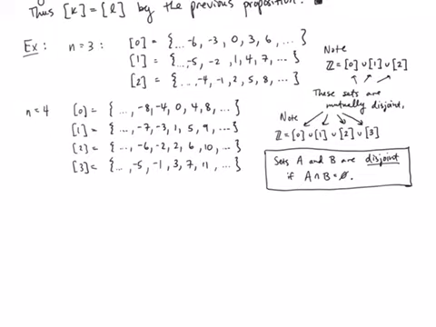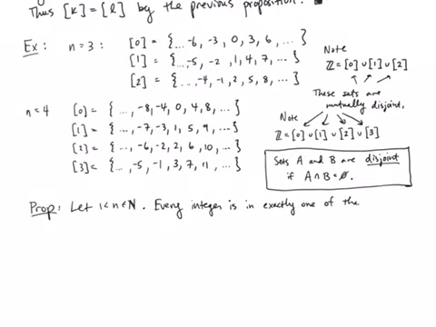So here's a proposition. Let n greater than 1 be a natural number. Then every integer is in exactly one of the sets, the equivalence classes of 0 up through n minus 1.